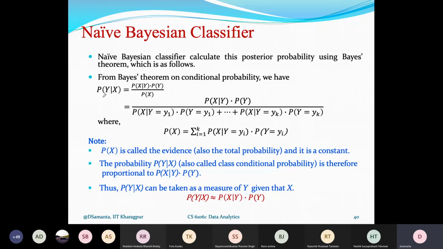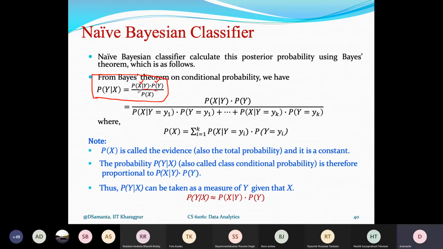This reverse probability calculation according to Bayes' theorem, which I discussed in the last class, can be expressed like this. P(y | x) equals P(x | y) multiplied by P(y), divided by P(x). Here P(y) is the prior probability and P(x | y) is the posterior probability.